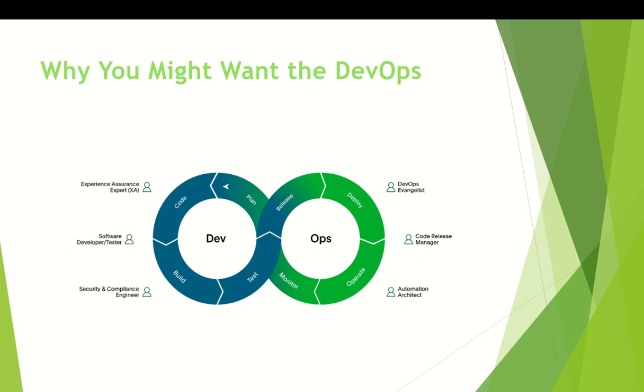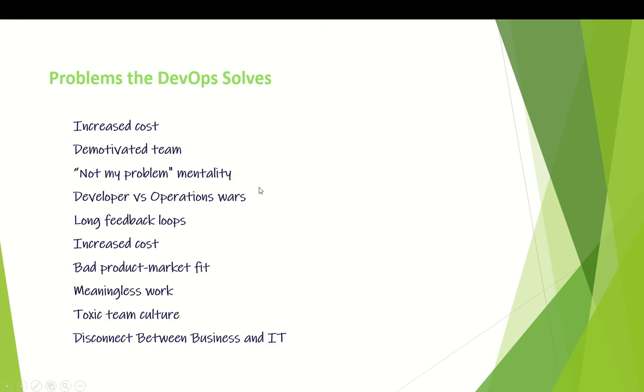Now, talking about the problems that DevOps solves. You are able to see a couple of things mentioned here. The first one is increased cost. What is increased cost? How much money do you spend on the project, and how do you reduce the possible increase in cost but keep the development effective?